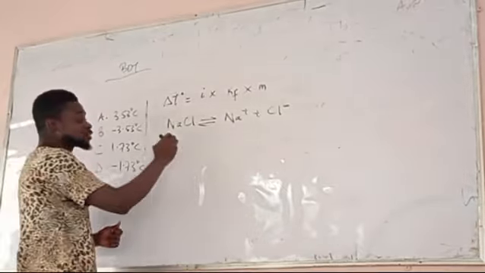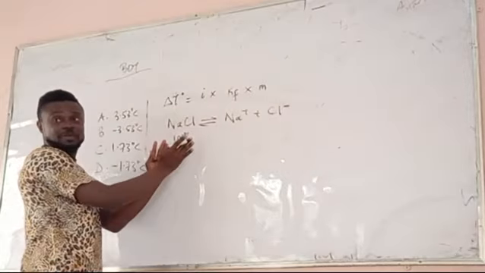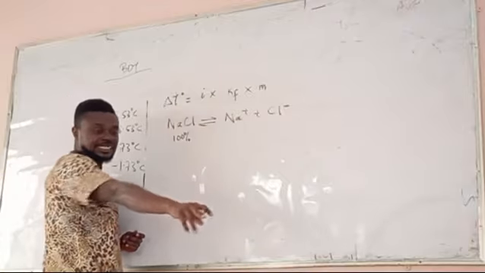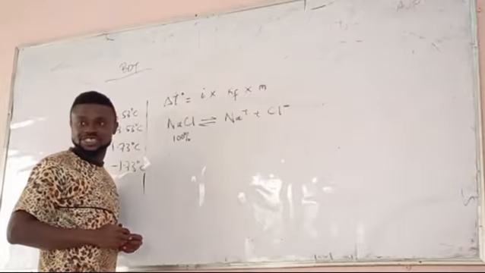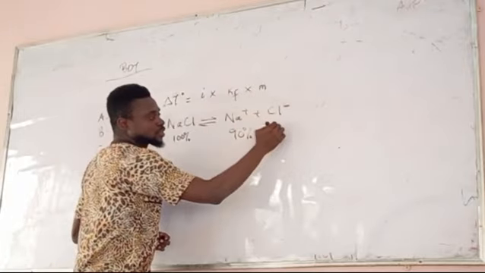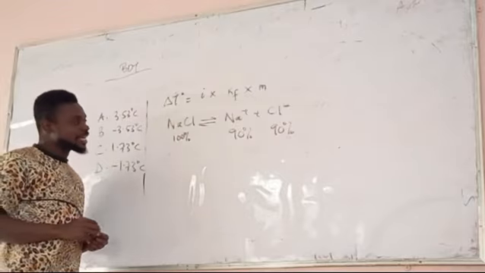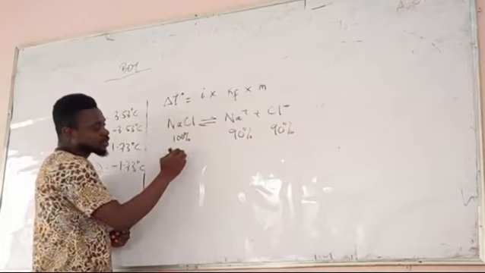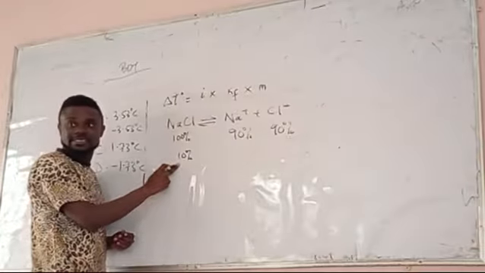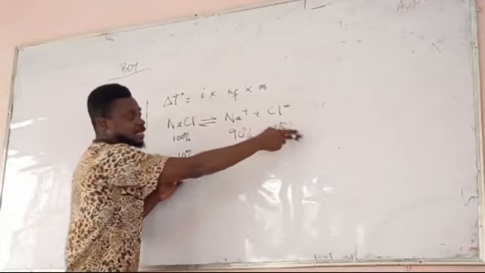Initially, undissociated is 100%, but when it dissociates, they said 90%. So 90% is sodium ion, and chloride is 90%. The remaining undissociated is 10%.